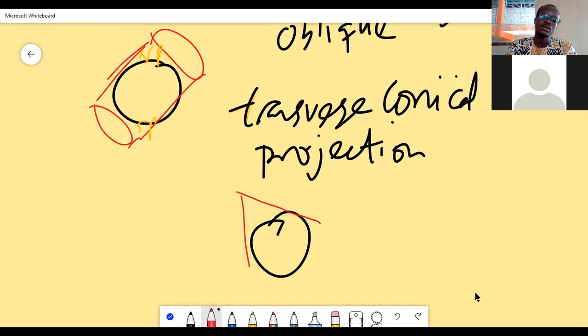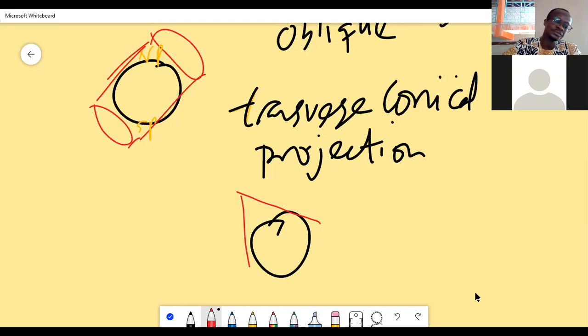Okay, so where the developable surface touches the earth, the distortion is less. That's the whole idea with map projections. The farther away you are from where the developable surface touches the earth, the more distortion you have. Also, the wider, the less compact a country is, the higher the distortion.